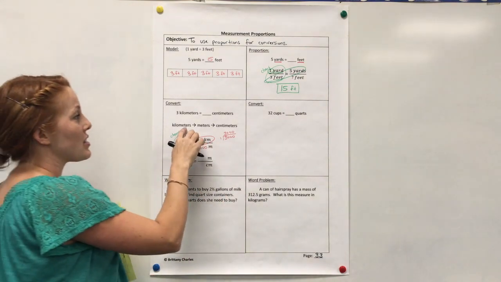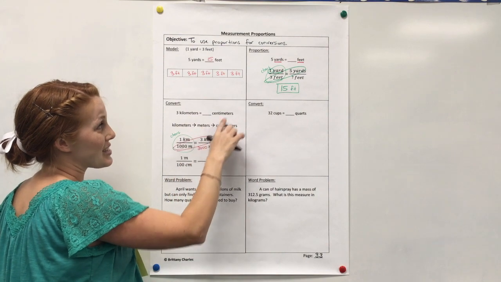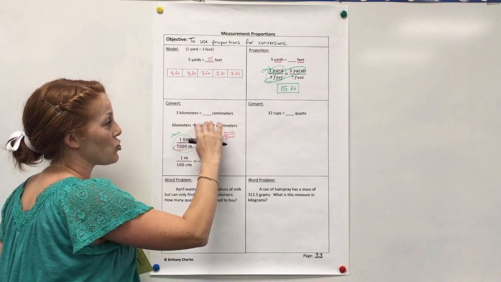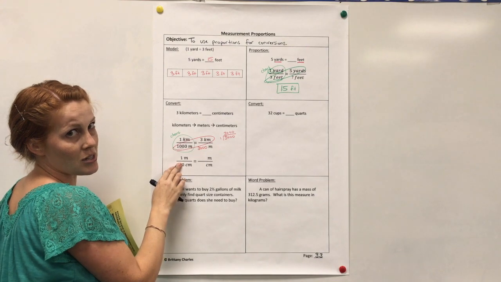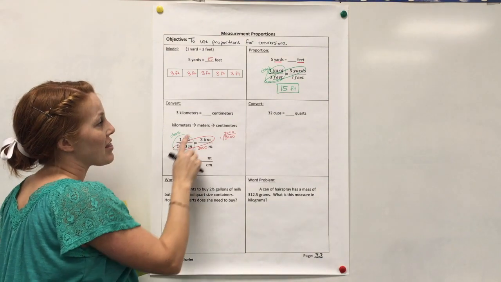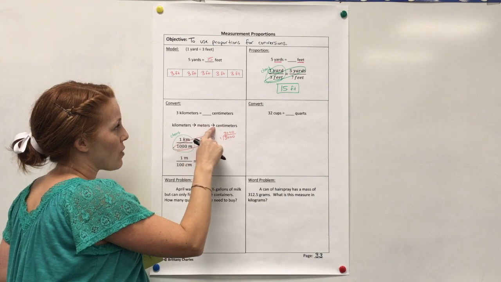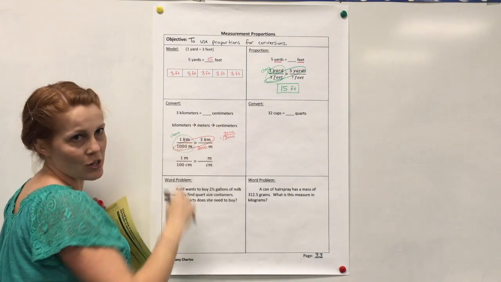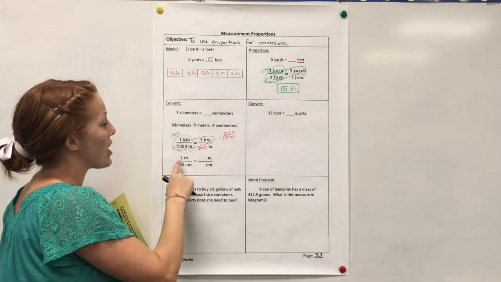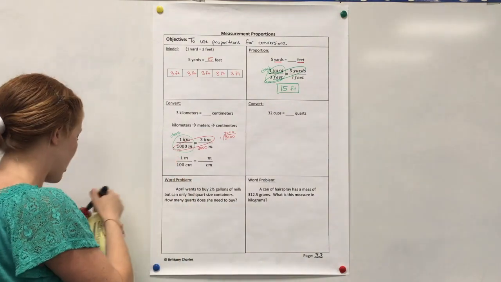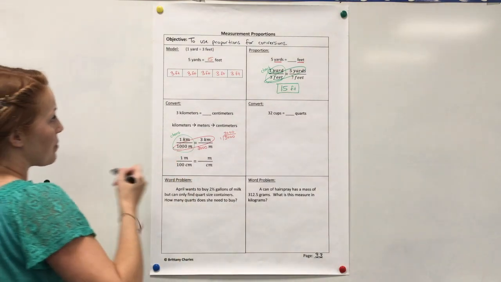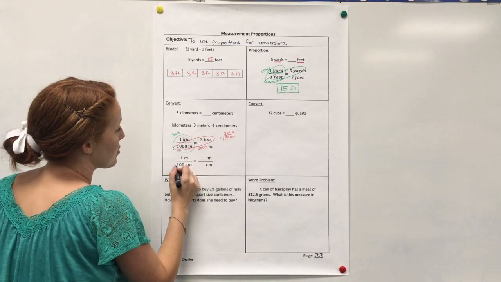Now, because that is in meters and I still need to get to centimeters, I have to do a second proportion to get the actual thing I'm looking for. The trick is, if you write this little train, however many arrows you have is the number of proportions you're going to have to use. Now, again, this comes off my chart because I'm going from meters to centimeters.